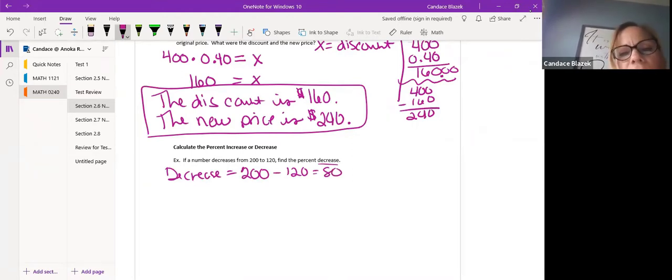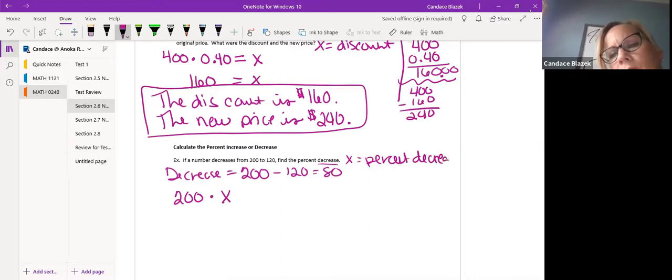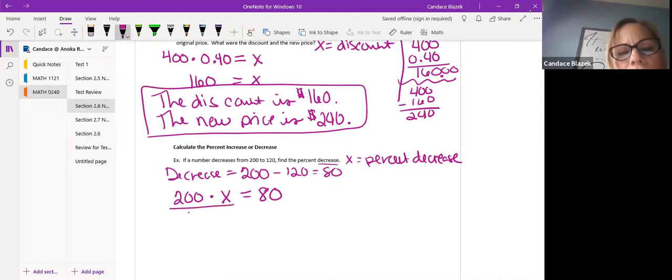So we want to find the percent of the decrease. So that means the original number times the percent decrease, because that's what we're finding, is equal to our decrease of 80. So to solve for x, we will divide both sides by the original number. Notice that 200 cancels from both sides.